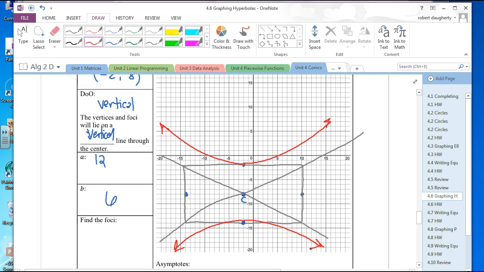And then what's the only other thing I don't know at this point? The foci. So I know that the focal length is c squared equal a squared plus b squared. So c squared is going to be equal to 144 plus 36. So that is c squared equal 180.